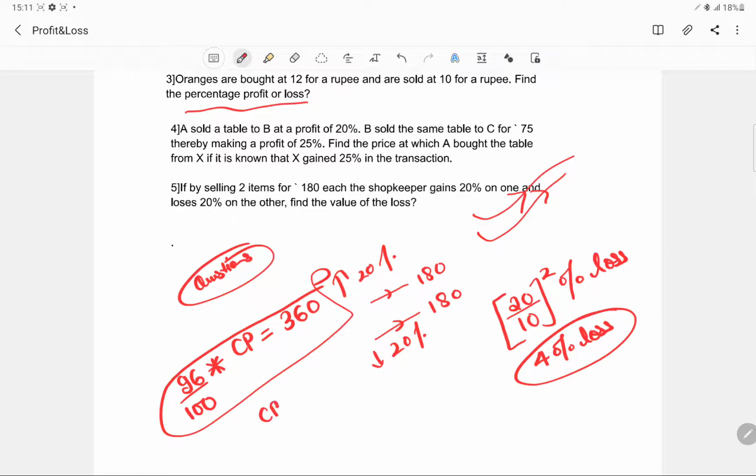So we have the selling price as 360, and we can calculate the cost price, and then we can answer what the loss amount was. Or is it 4 upon 100 of, no, it has to be calculated over the CP. So we should first calculate the CP, so as to not end up making it complex.